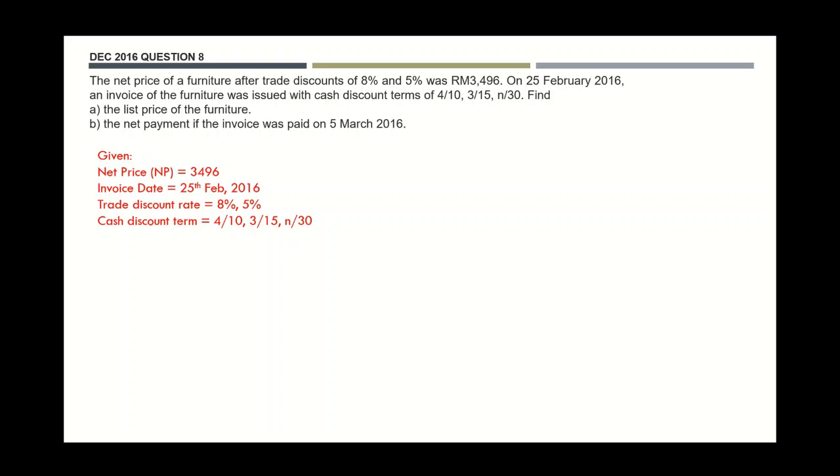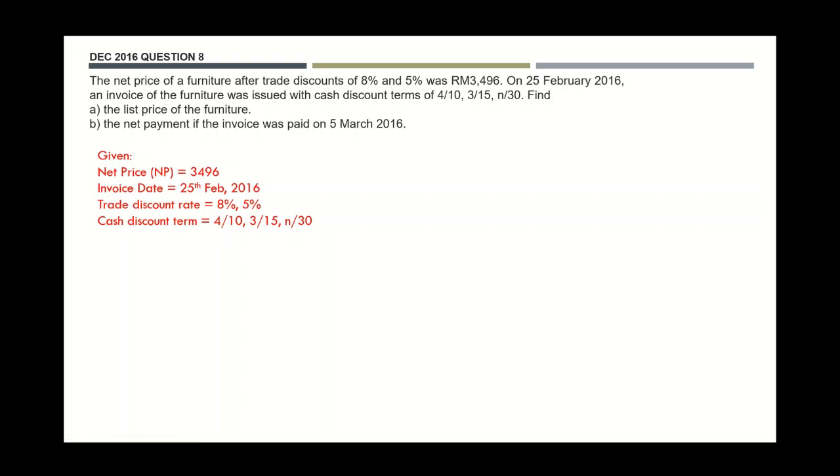So that means the net price here is the price after the deduction of the trade discount. So the net price is 3,496, and then the invoice date given here is 25th February 2016, and then the trade discount rate given was 8% and 5%, and finally you have the cash discount term 4/10, 3/15, and n/30.